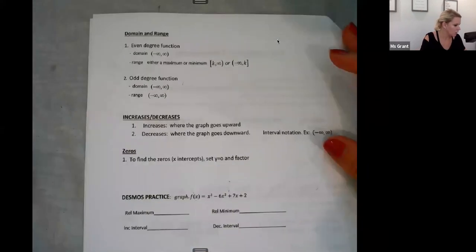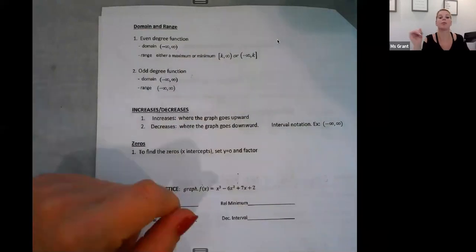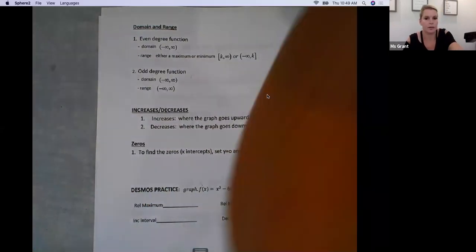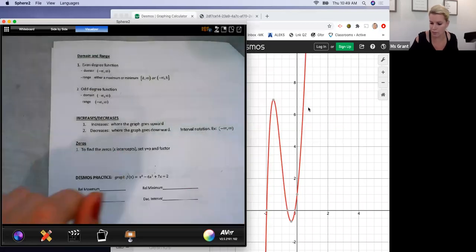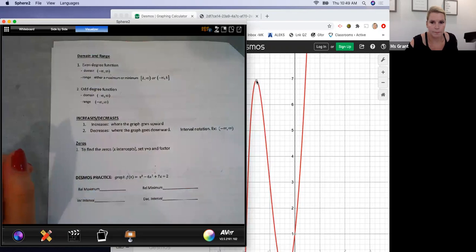Okay. Where does it increase and decrease? Where do I see my graph moving upward? Where do I see my graph moving downward? That is what we did prior to this lesson. Look at this red graph that I have here. Look at this point.